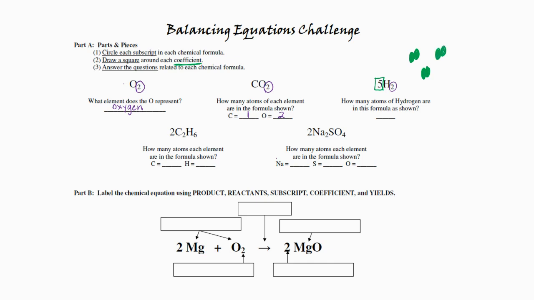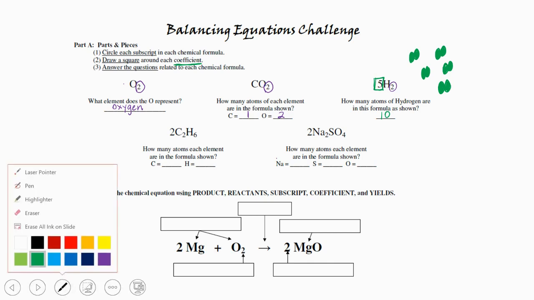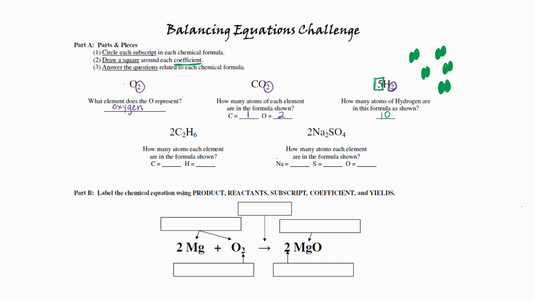So there's 3, 4, 5. So if we looked at just one of the hydrogen molecules, that would be 2. But because we have 5 of them there, we're going to do 5 times 2, and there are 10 hydrogen in the formula as shown. So again, this number in front is called the coefficient, and the number here, 2, is a subscript.